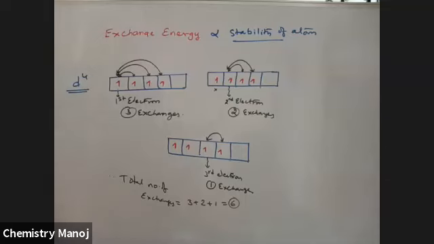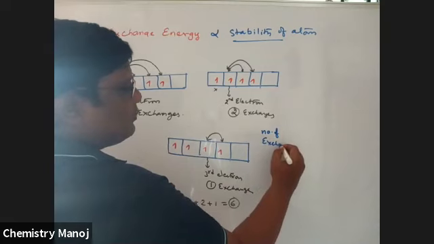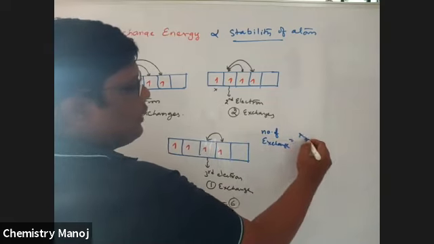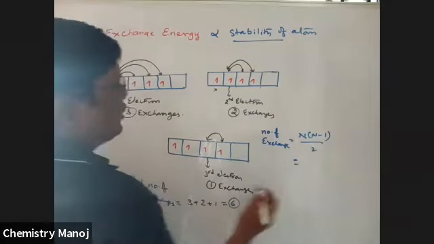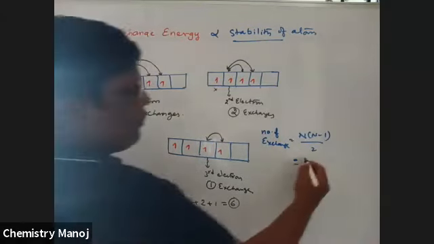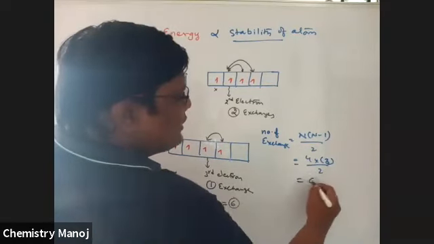Now I am going to find it out by using our formula. That is, number of exchanges is equal to n into n minus 1 by 2, and here n is the number of unpaired electrons. How many unpaired electrons are there in total? 4. So 4 into 4 minus 1, that is 3, by 2, and that is equal to 6.